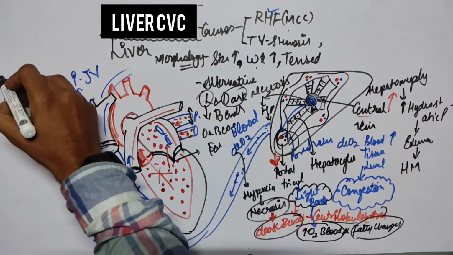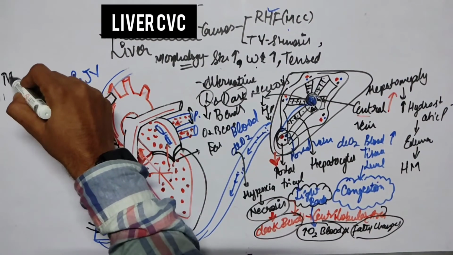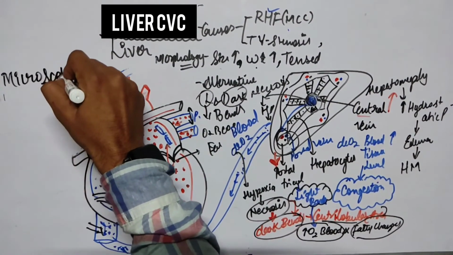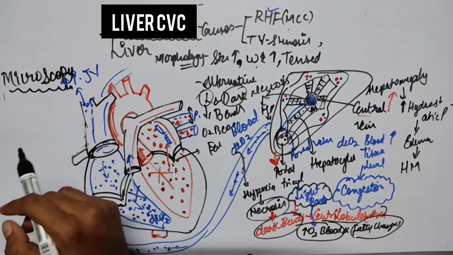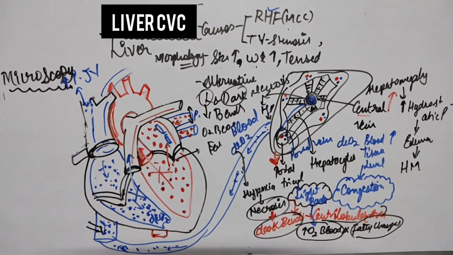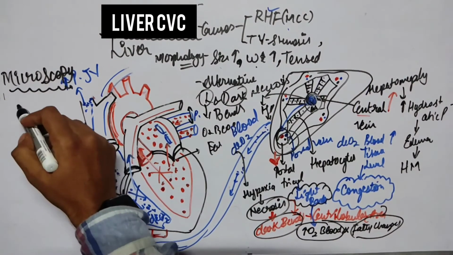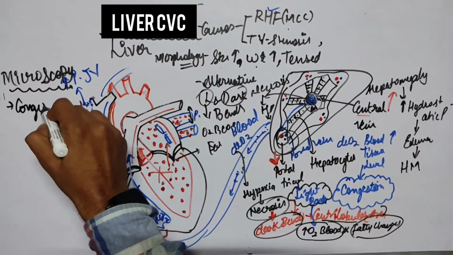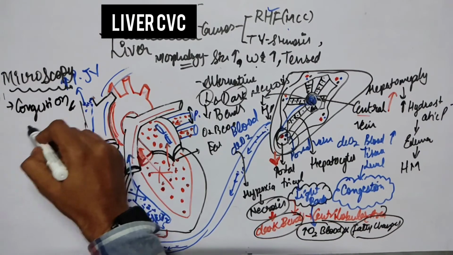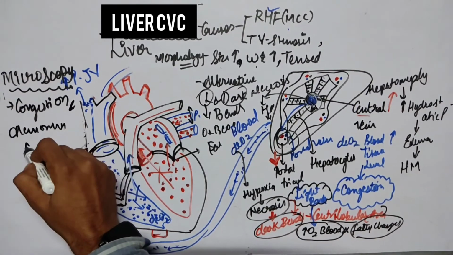And in the microscopy, we are going to see congestion and hemorrhage at the central vein.